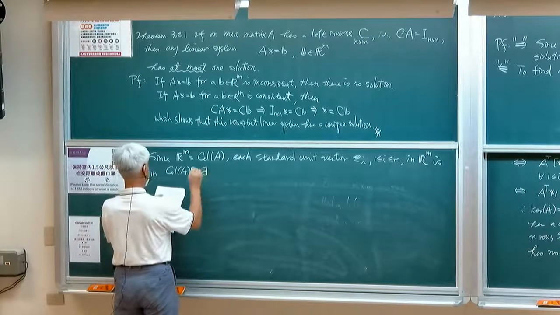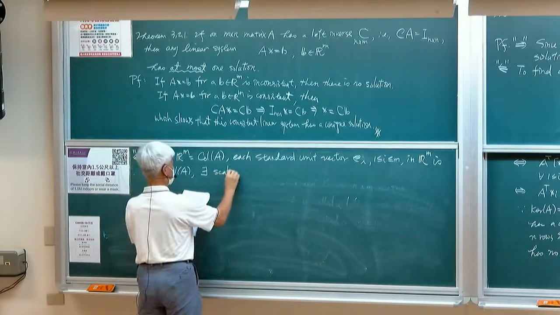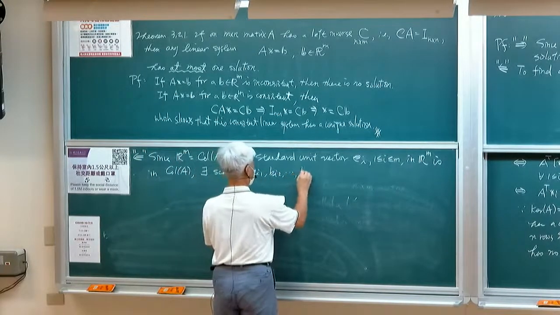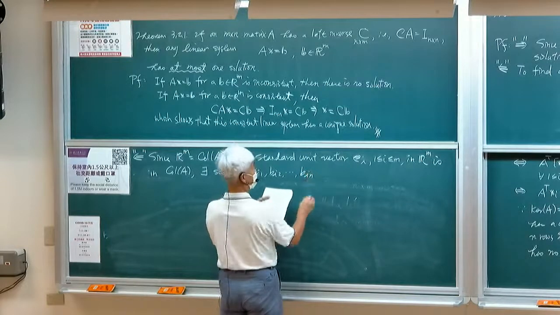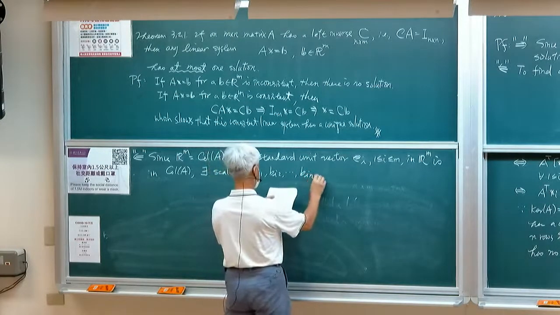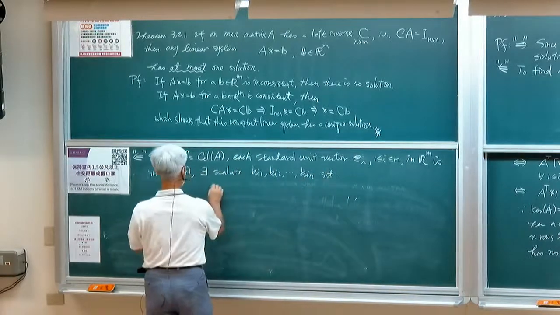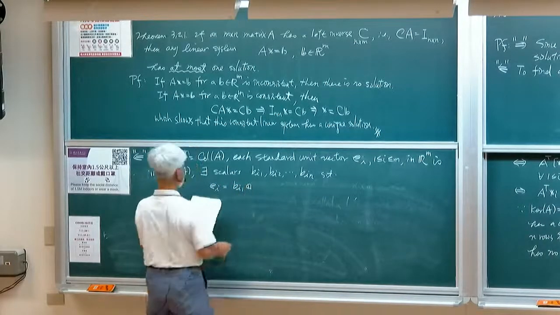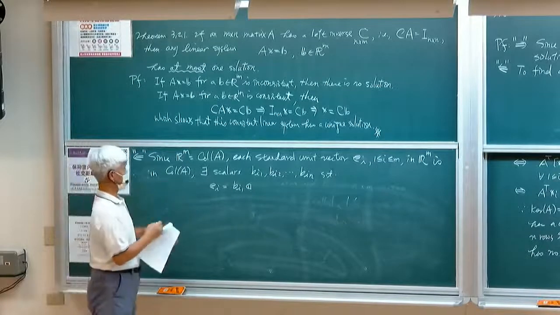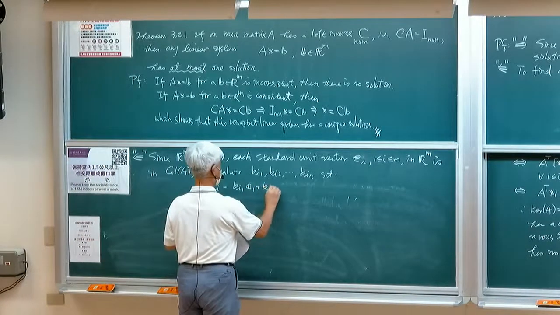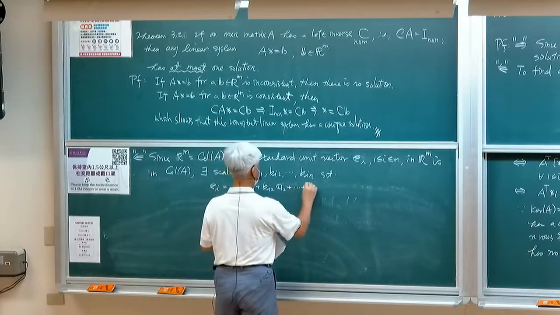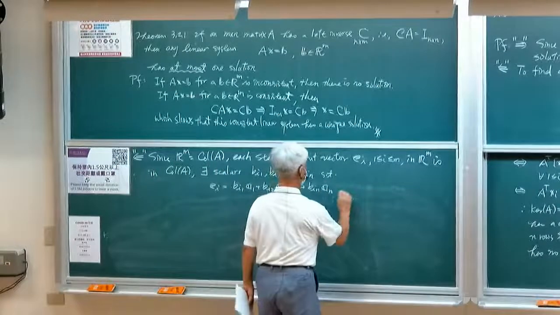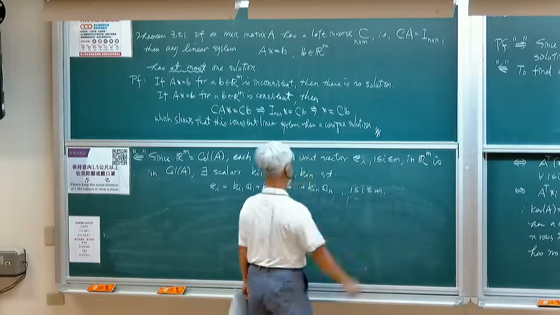And then there exist scalars, say bi1, bi2 up to bin, such that ei can be written as a linear combination of the columns of A, for all i.